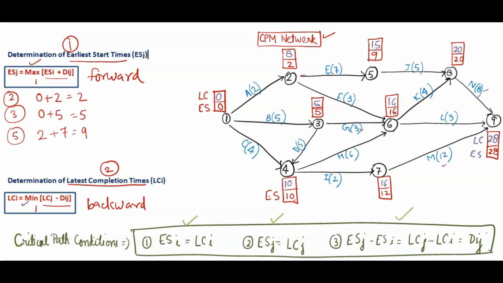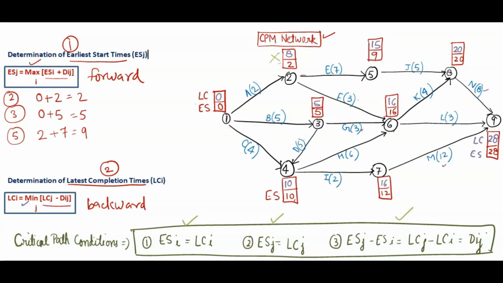In between, which path we are going to take, that is the critical path, which we will find out with the help of these conditions. From the first we can go to 2, 3, 4. Anywhere we can go, but we have to check all the conditions. From 1 to 2, 8 and 2 are not the same. We cannot move towards this. From 1 to 3 we can move, 5, 5 same.